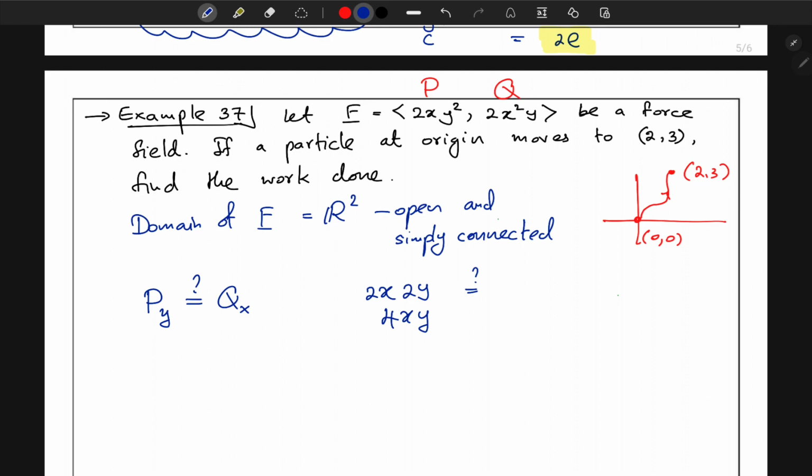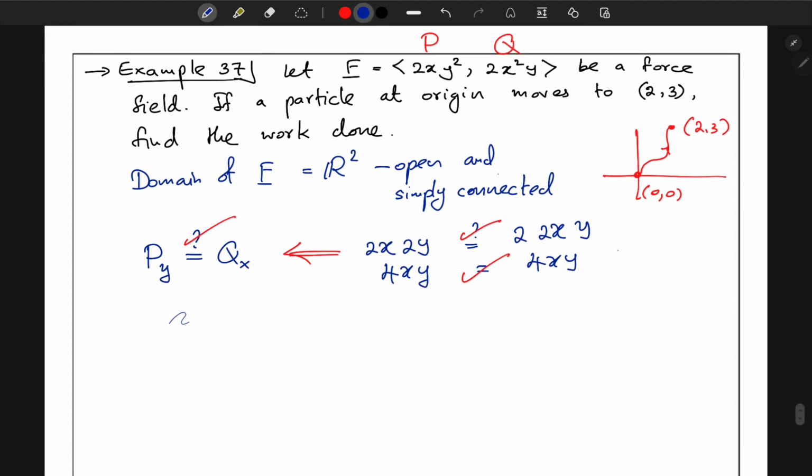Is it equal to Q sub x? 2 times x squared becomes 2x, times y is 4xy. Yes, they are in fact equal. Therefore, the cross partial property is true. So F obeys the cross partial property, so F is conservative.